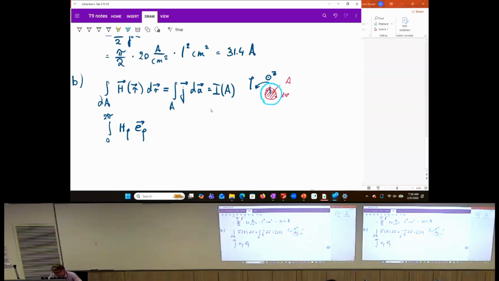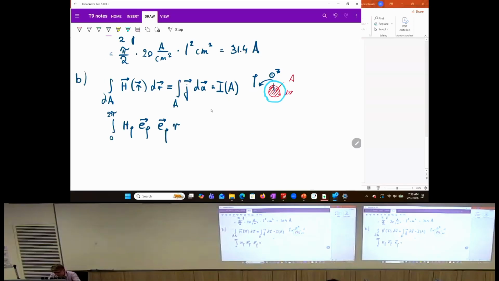And due to this symmetry, we know that our H field has only a phi component. And the line element for the circular integration, the vectorial dr, is also oriented in phi direction, times r d phi. So this is what we have to evaluate on the left-hand side.